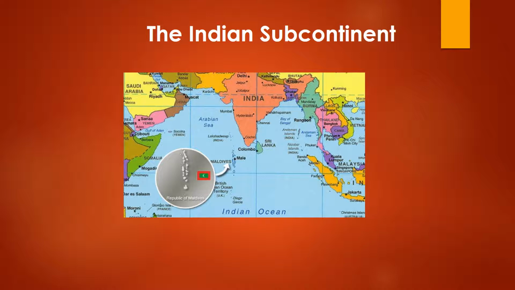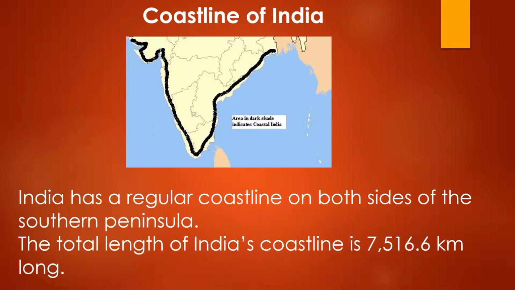Now the next slide is the coastline of India. Coastal India is a geocultural region in the Indian subcontinent that spans the entire coastline of India, that is 7,516 km around the peninsular India.